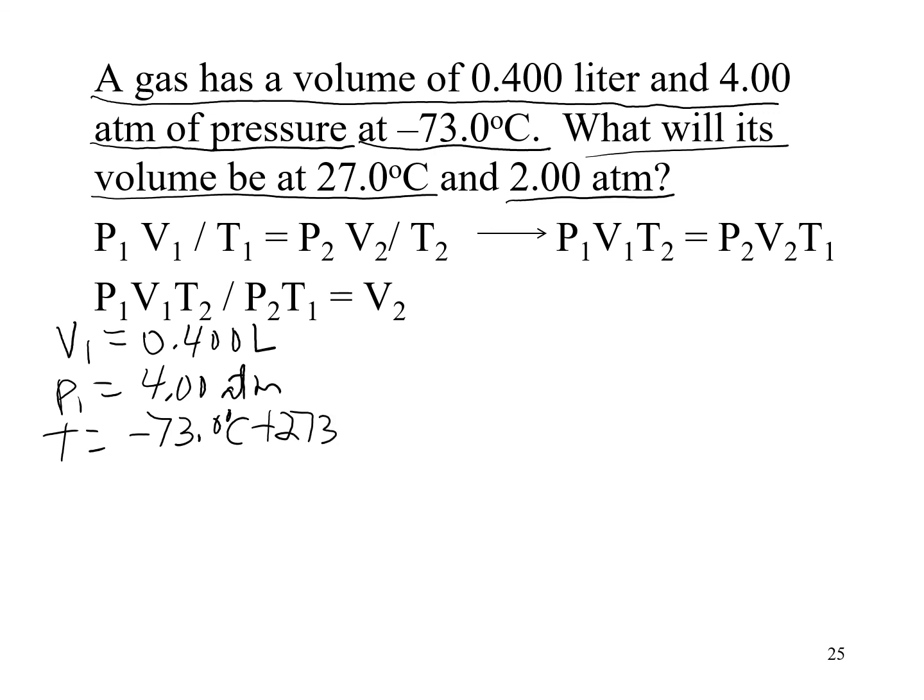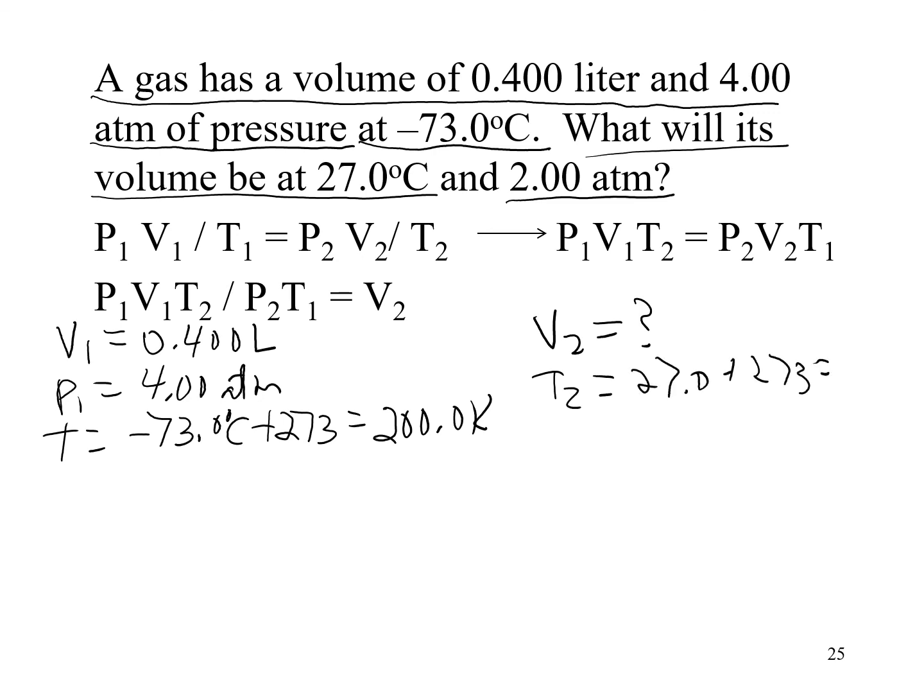So we're going to add 273, and we get 200 K. And then we have V2, what we're looking for. That is our unknown. And T2 is 27 plus 273, which gives me 300 K. And P2 is 2 atmospheres.